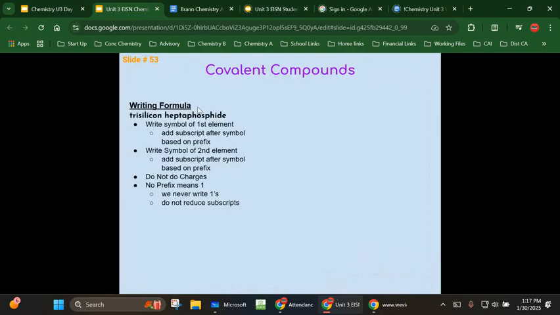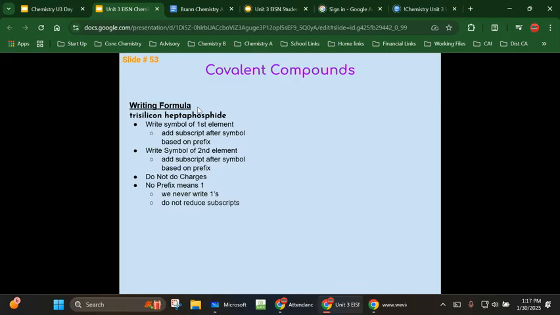Trisilicon heptaphosphide. What? 3 silicon. What's silicon? Okay, I meant what was its symbol? Si. Good.